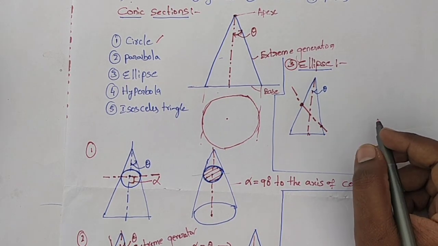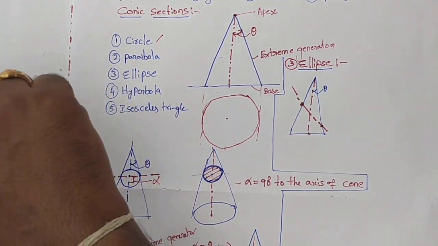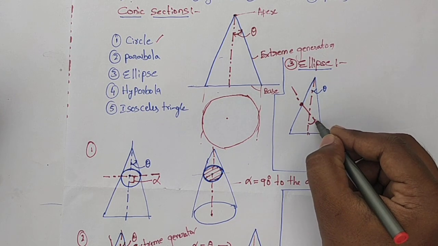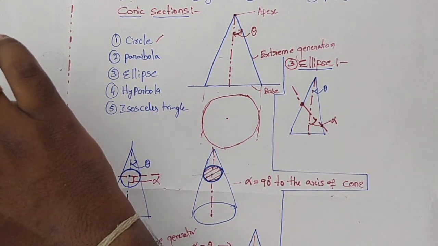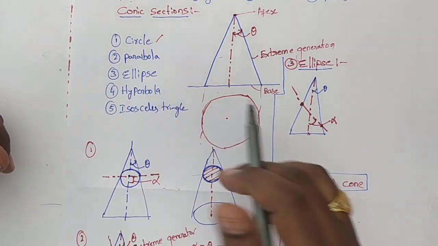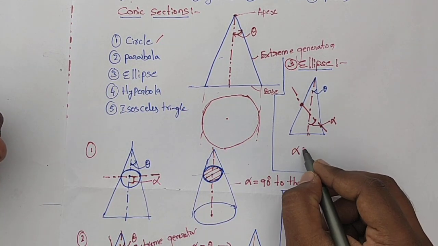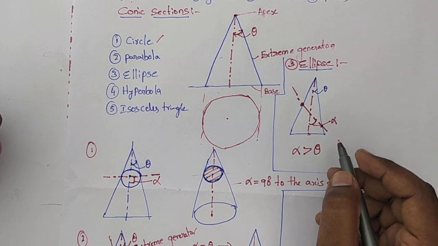Here is the angle alpha. In this case, observe, alpha is greater than theta.